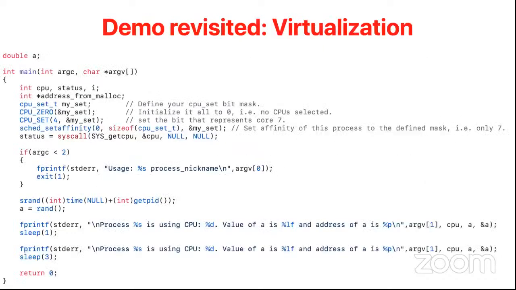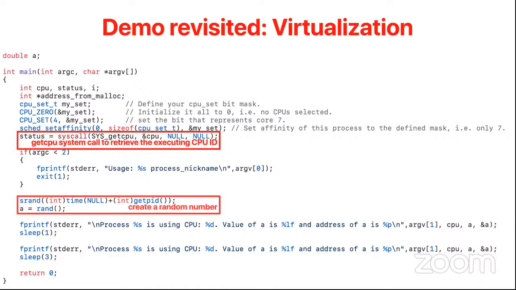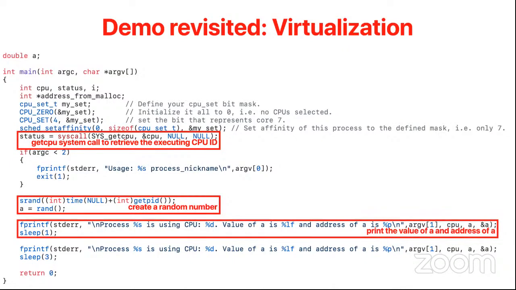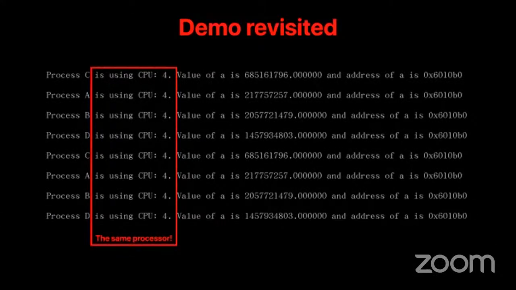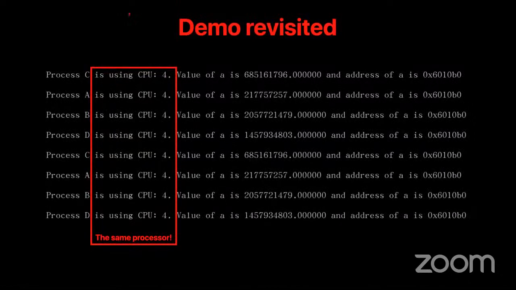So in this virtual memory abstraction, if you remember the demo that I showed you in the very beginning, our outcome is that you will see that different processes can run on the same processor. We know this because we have the operating system scheduler, so we can create an illusion that everybody is using the same processor, and we multiplex that. This is like what we said in the last lecture.